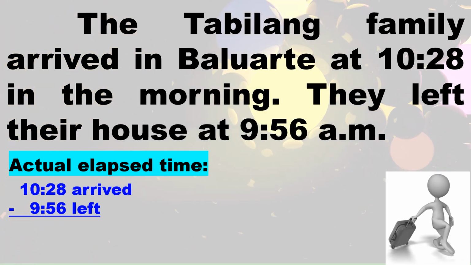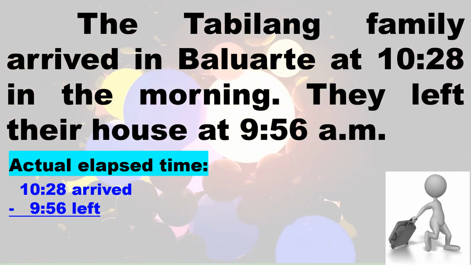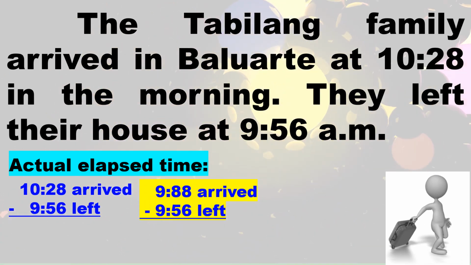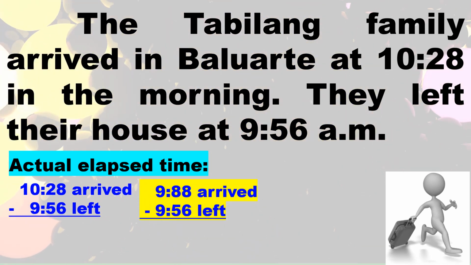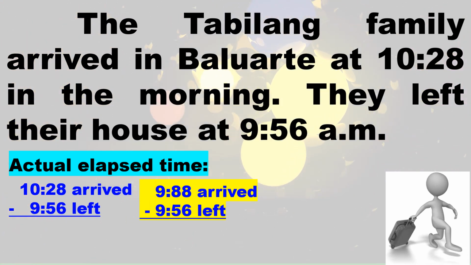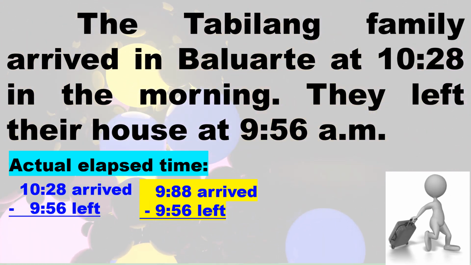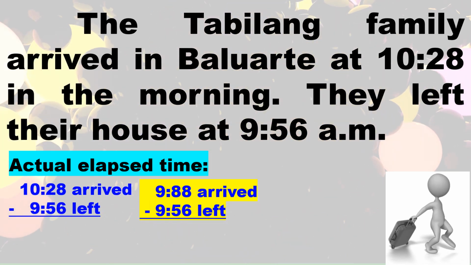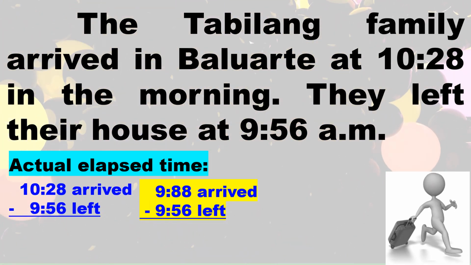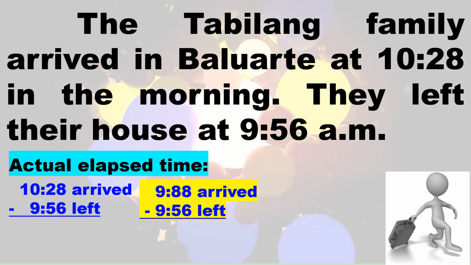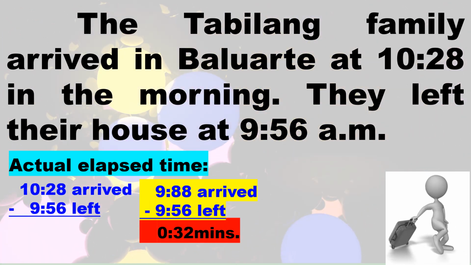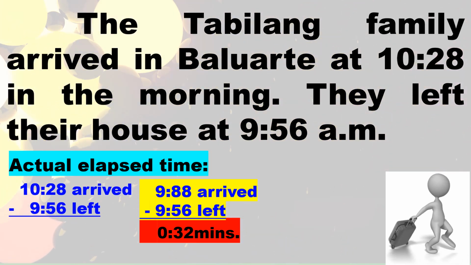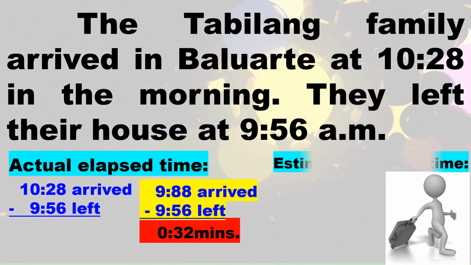But 28 minutes cannot be subtracted by 56. So we're going to borrow 1 hour from 10 hours. So it becomes 9:88, and 60 minutes is added to 28 minutes. Now, 9:88 minus 9:56 is 32 minutes. That is the actual elapsed time.